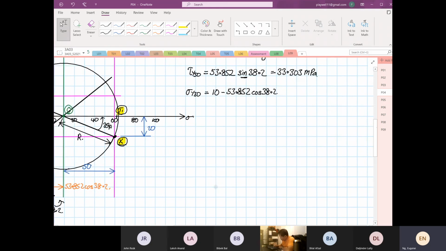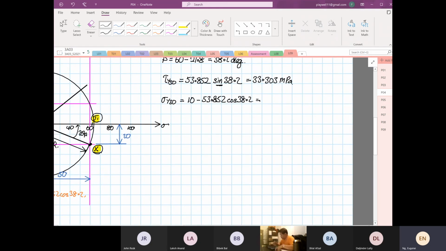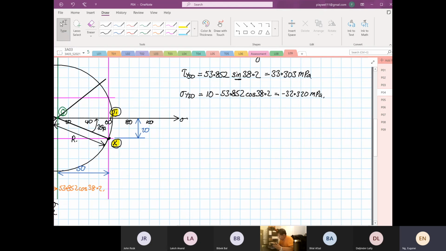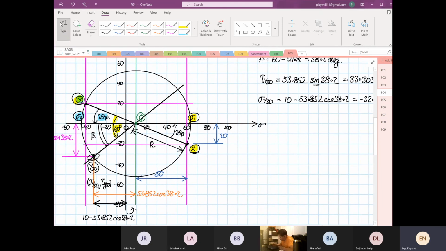So this will be equal to 10 minus 53.852 times cos 38.2, which is minus 33.20 megapascal. Let me do it again. 10 minus 53.852 times cos 38.2. Yep, minus 33.20.